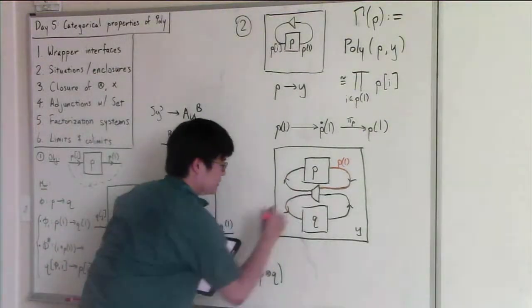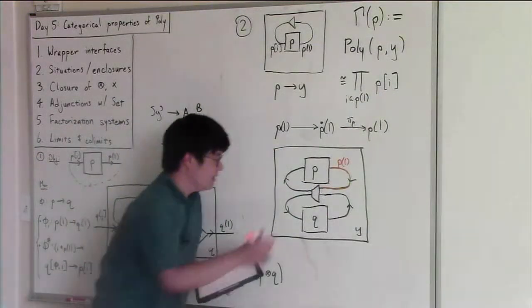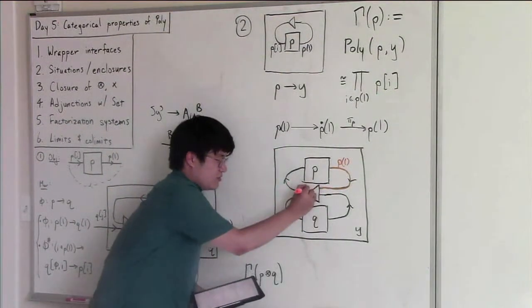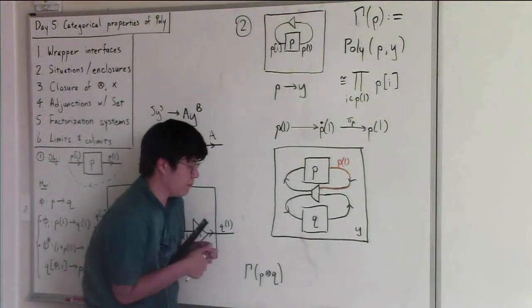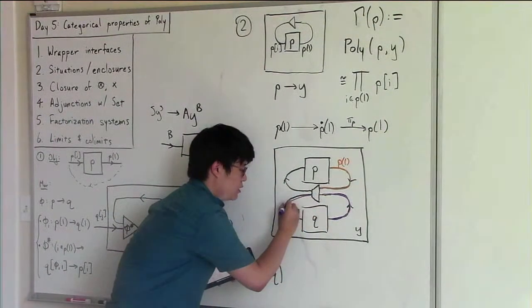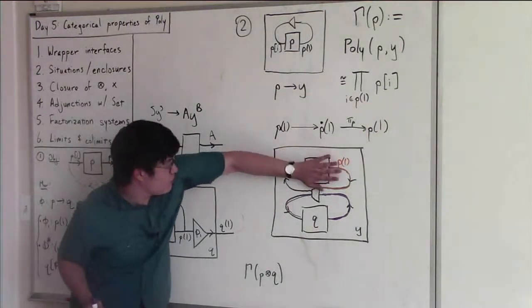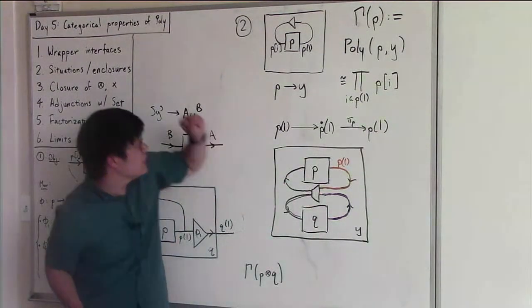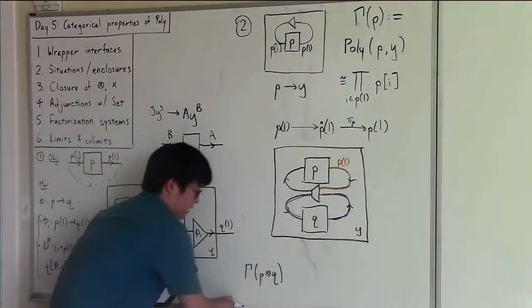Once we have a fixed element of p of 1, this little trapezoid in the middle is just sending positions of q to directions of q at that. So once we fix p of 1, what's happening here is just an enclosure of q. It's just a map from q to y, just like that one.